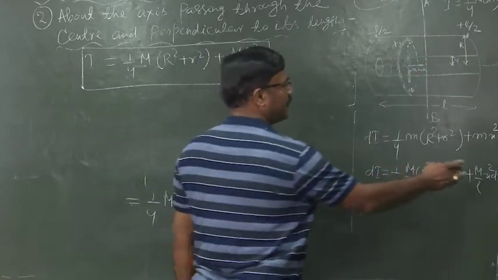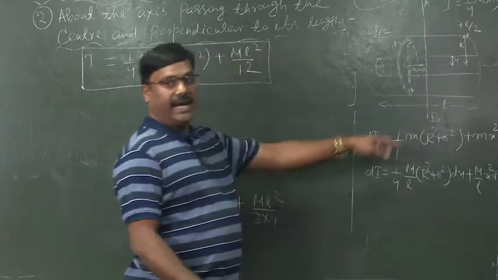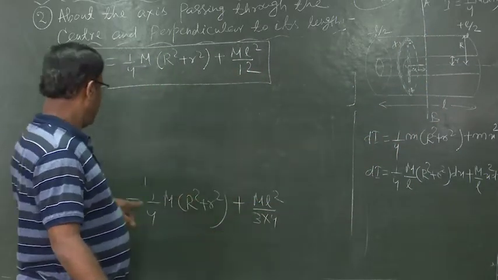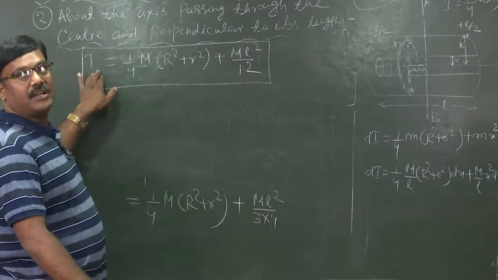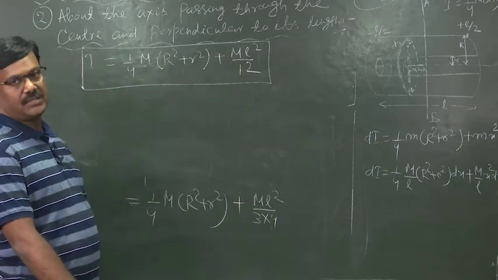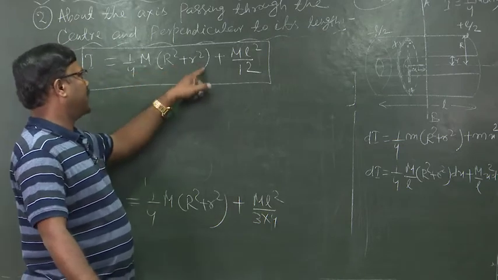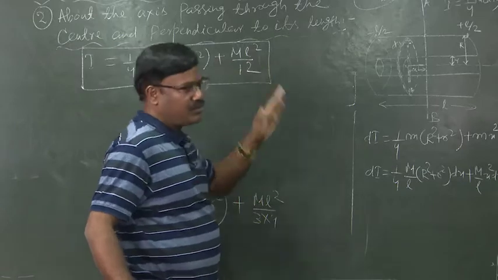Now, in place of x cube we can put minus L by 2 and plus L by 2 and solving this, we get the moment of inertia of the circular cylinder about the axis passing through the center and perpendicular to its length to be 1 by 4 m r square plus m L square by 12.